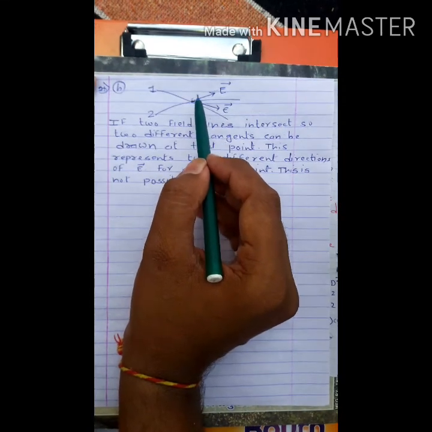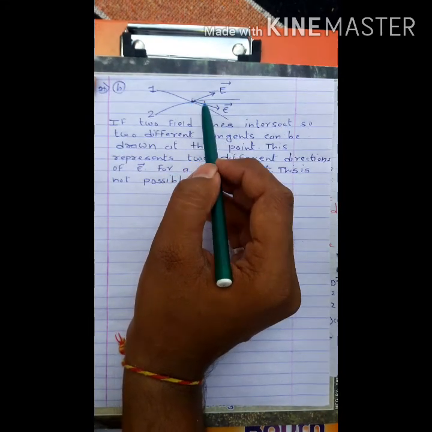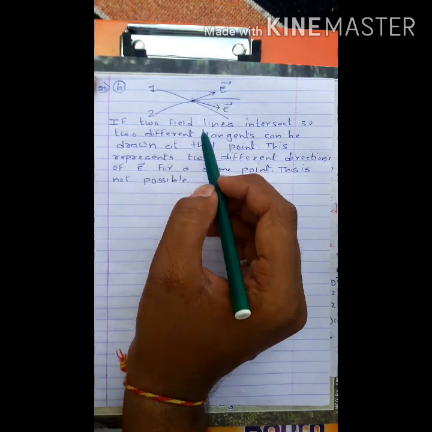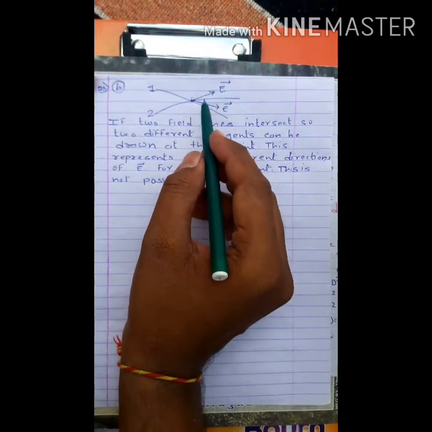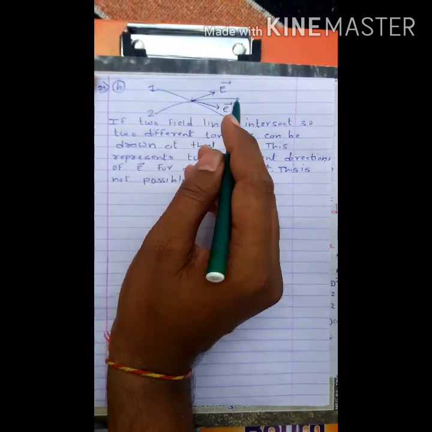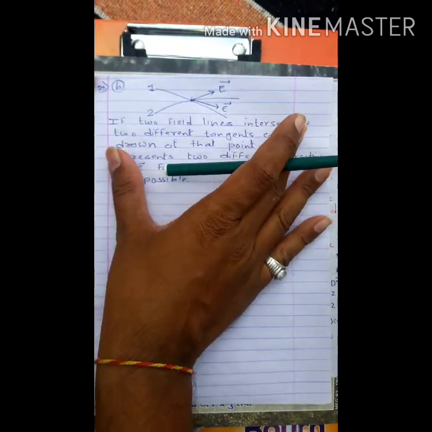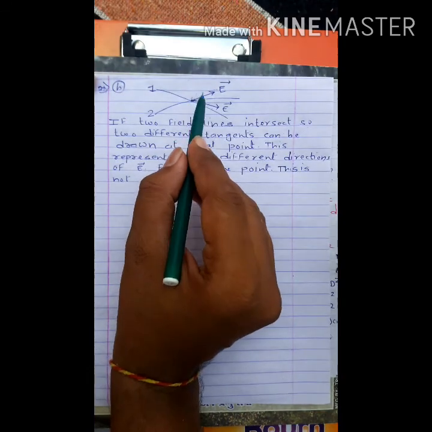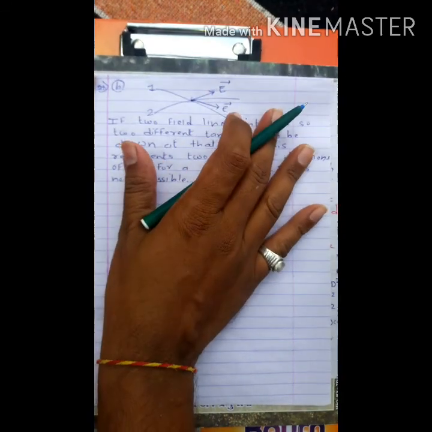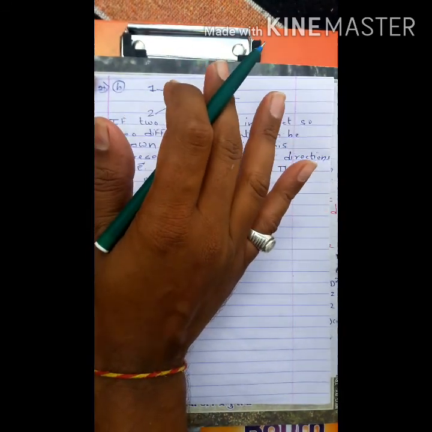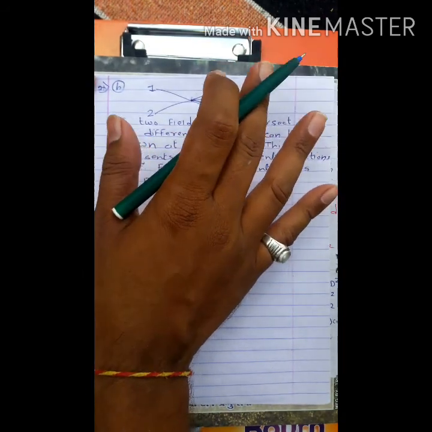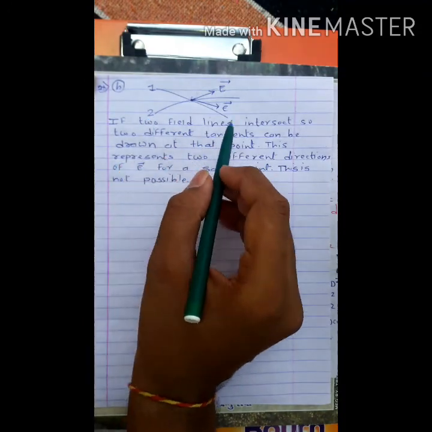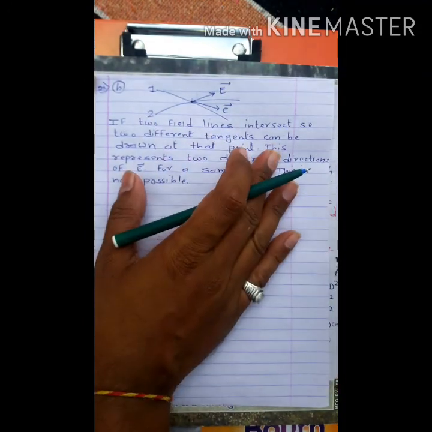So for a single point, for the same point, we have two different directions of electric field, and this is not possible, this is an impossible thing. So at the same point we have two different directions of electric field, two different tangents, this is not possible for any point. Okay, so two field lines will never intersect each other.